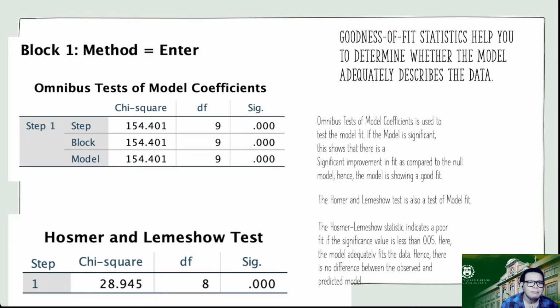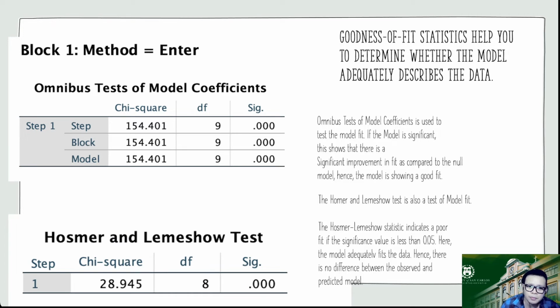In the Block 1 method, you can see that the significance value, the p-value, is 0.000. Here you can see the omnibus test of model coefficients, which is used to test the model fit. If the model is significant, this shows a significant improvement in fit compared to the null model. Hence, the model shows a good fit, because the significance value is 0.000.